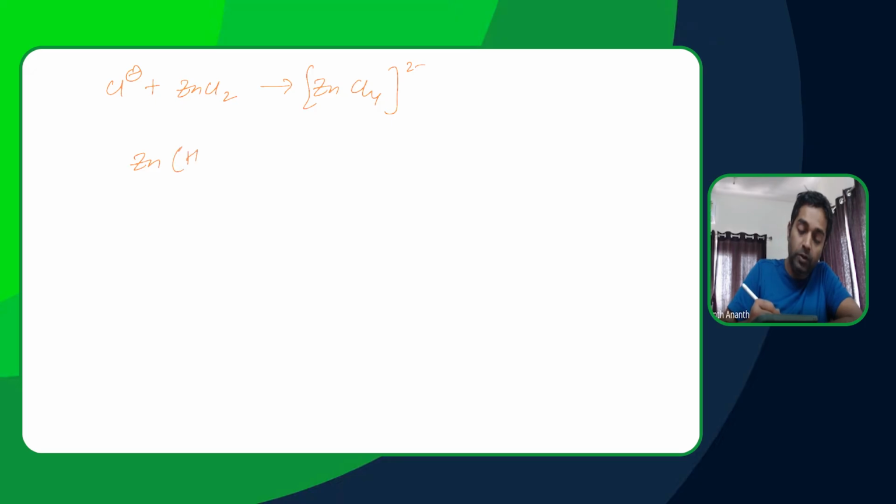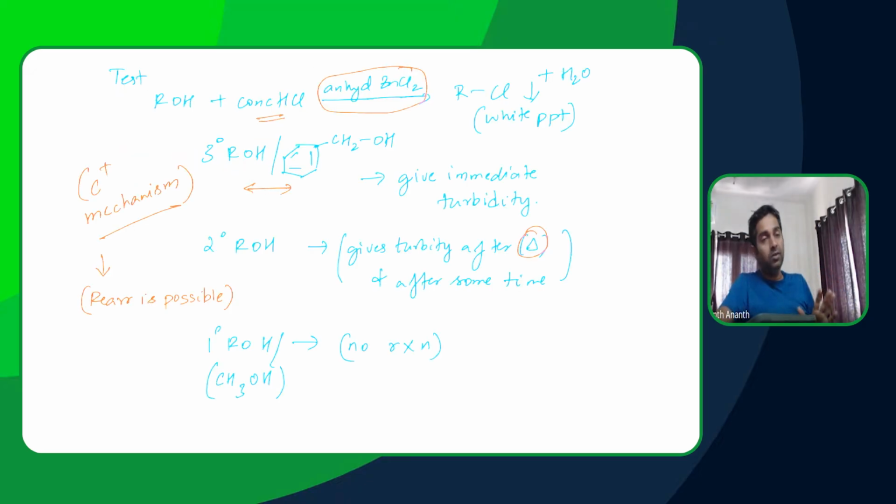So water can also form this complex, and you'll have both complexes technically available. It doesn't matter which one is happening, but the reaction mechanism will be something like this. Tertiary alcohol and benzyl alcohols will give an immediate white precipitate, immediate turbidity, and they will give it at room temperature itself.